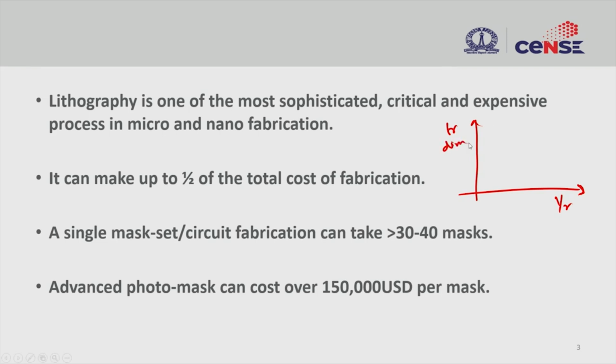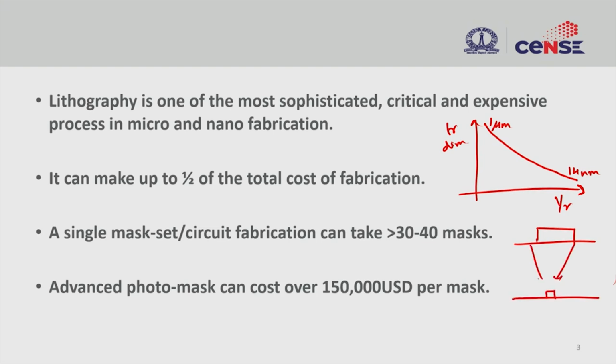over the years we saw decrease in the transistor dimension. So we started from 1 micrometer technology, and now we are at less than 14 nanometer node. So this whole revolution is primarily driven by lithography. This is all about reducing the size of the transistor.